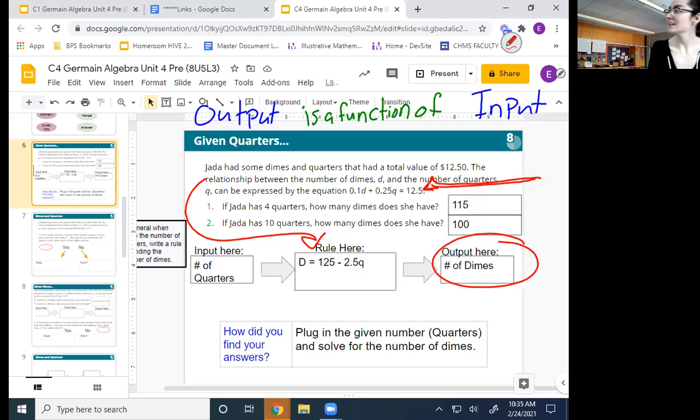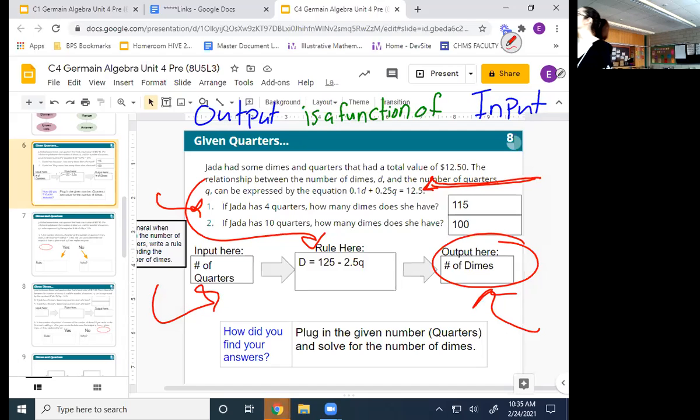The reason that we said the input was the number of quarters is because that is the value we were given in the description here. We know that we have 4 quarters, 10 quarters. We had to calculate the output, which is our number of dimes. So to calculate this rule, we took the standard form equation and isolated it for our output.